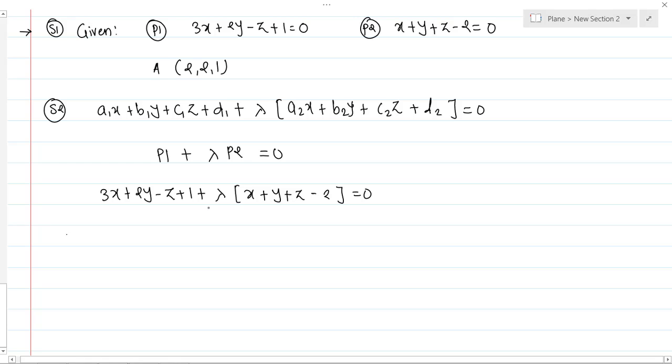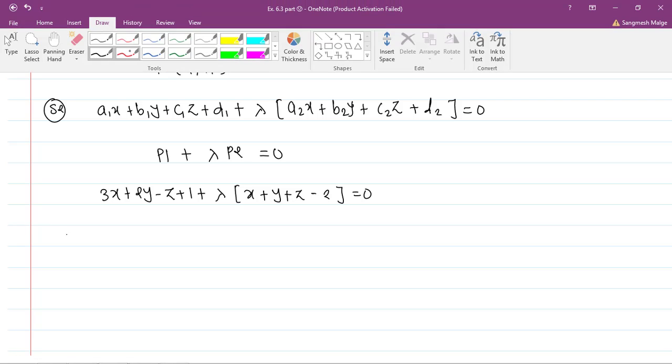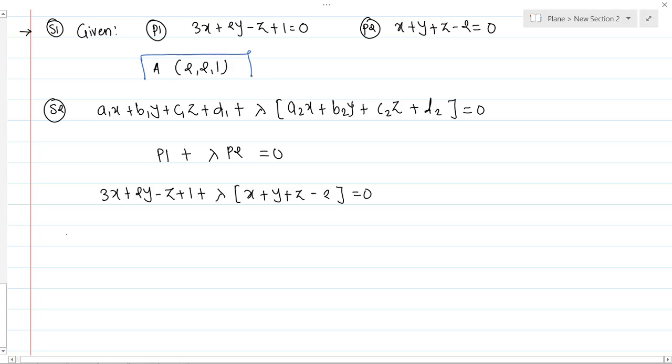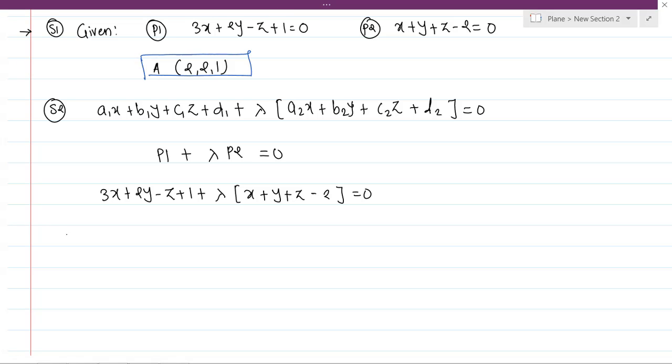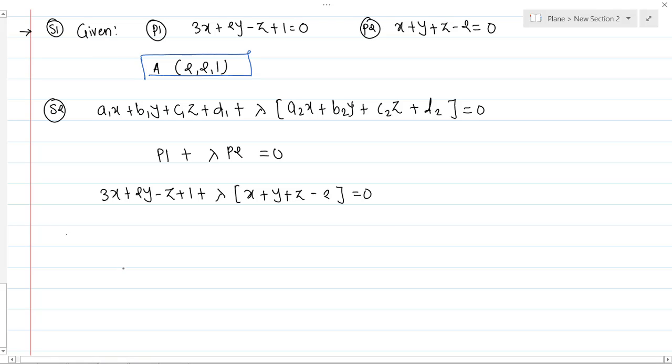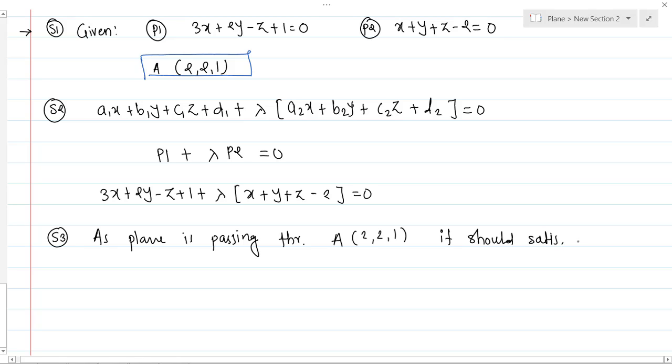Now if somehow you get the value of this lambda, that will give you the final answer. Now how will you find the value of lambda? Using the further information. What further information they have given is A = (2, 2, 1). This point lies on the plane. Step number 3: as the plane is passing through A (2, 2, 1), it should satisfy its equation.